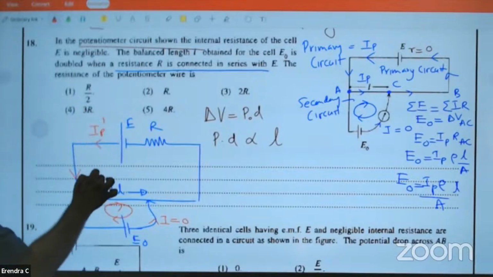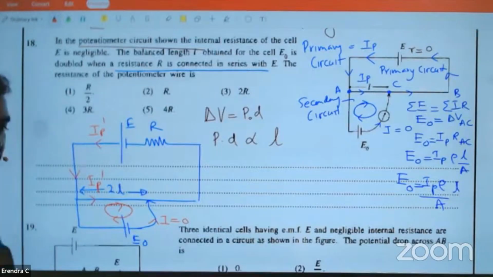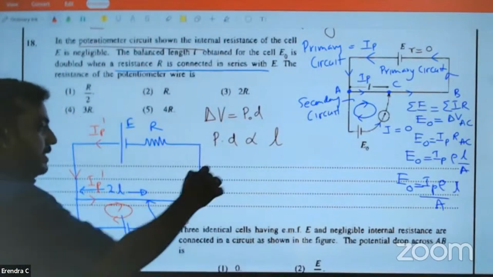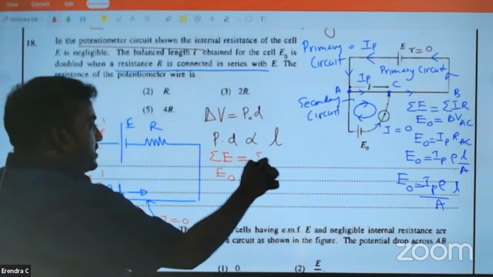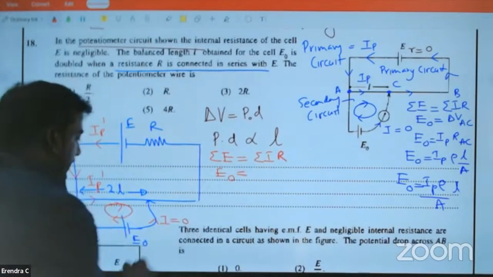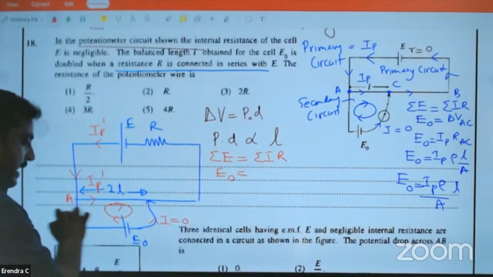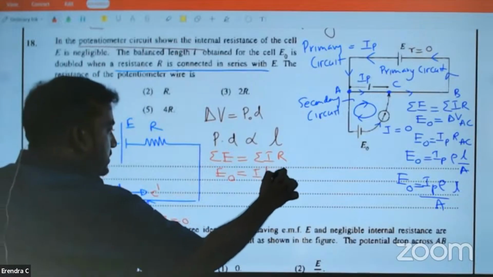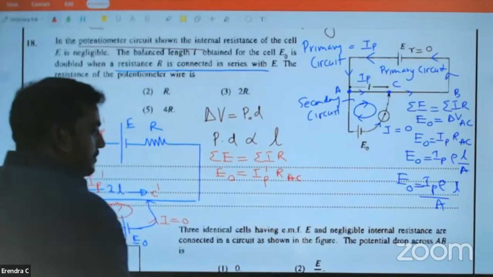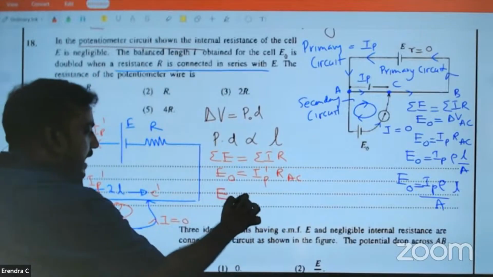Applying Kirchhoff's law, the sum of EMFs equals the sum of potential differences, so E naught is equal to IP dash times R AC. What is IP dash?